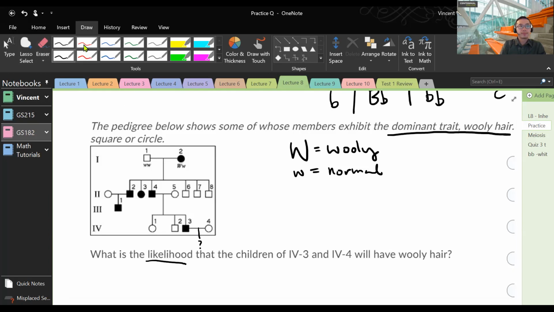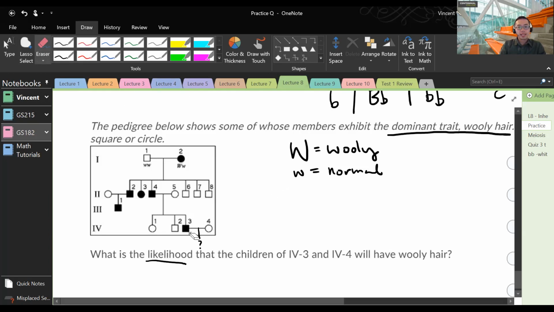Let's see. This person, number 4, does not have the woolly hair because it's not shaded in, so we know this is small w, small w. Individual number 3 has the woolly hair, so there must be at least 1 big W. But what about the other one? We have to trace back to his parents, and we can see his mother has normal hair.